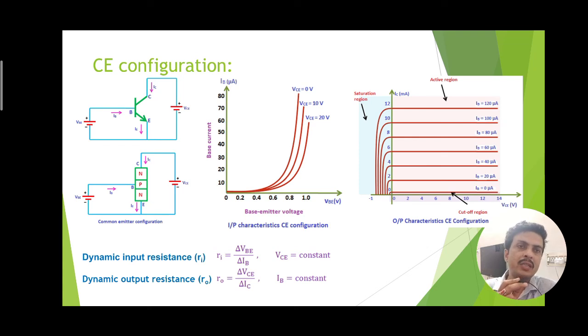Initially it is an ohmic region, and thereafter it reaches saturation, after which the collector current becomes constant. We should remember that for every characteristic of collector emitter voltage versus collector current, the base current is required to be fixed, either 20 microampere or 40 microampere or 60 microampere.